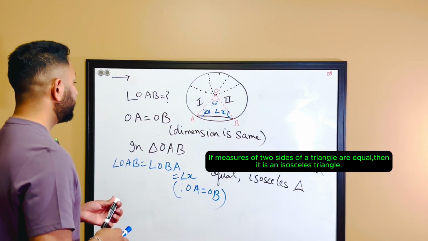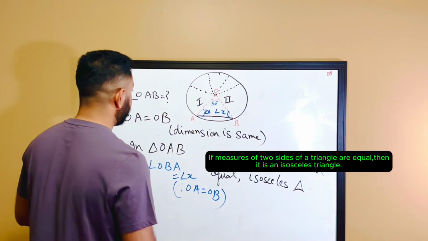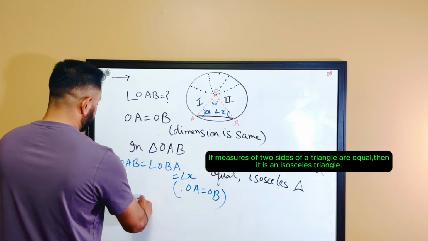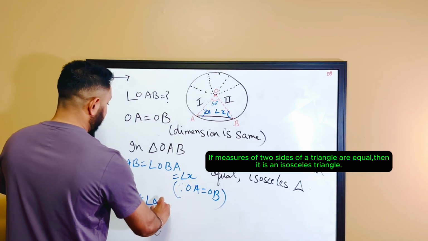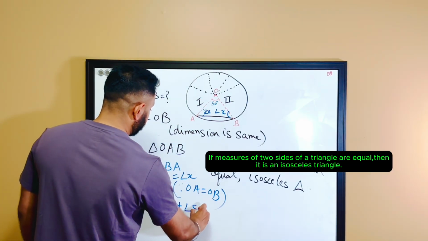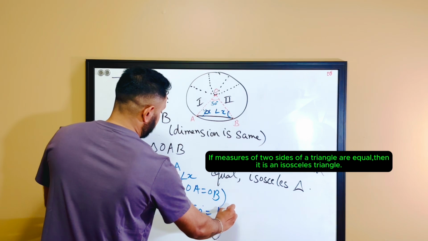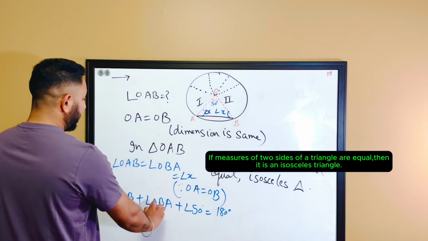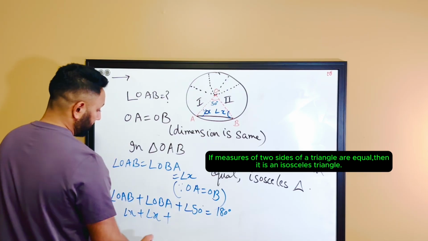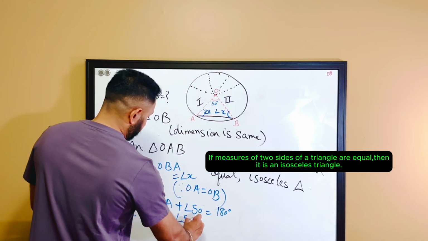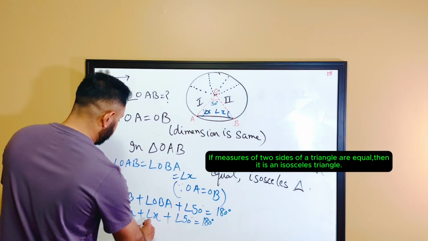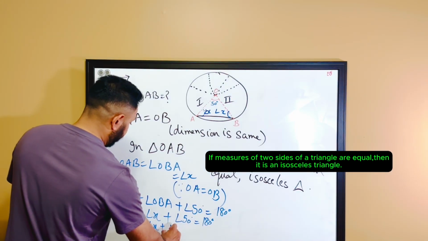So apply the property: the sum of angles in a triangle is 180 degrees. So OAB plus OBA plus the angle that is given to us, 50. OAB and OBA are the same as X. This implies 2x plus 50 is 180.